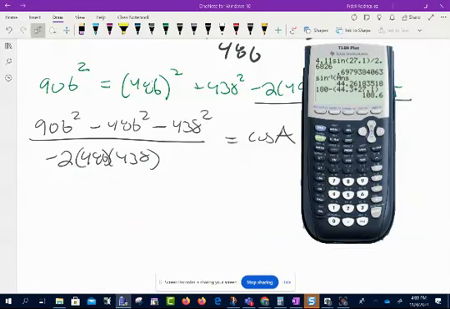So I'm going to grab my calculator right here, y'all. Let me turn this guy on. So I have 986 squared minus 486 squared, minus 438 squared. Okay, and I'm going to hit equals, and then I'm going to divide that by negative 2 times 486 times 438.